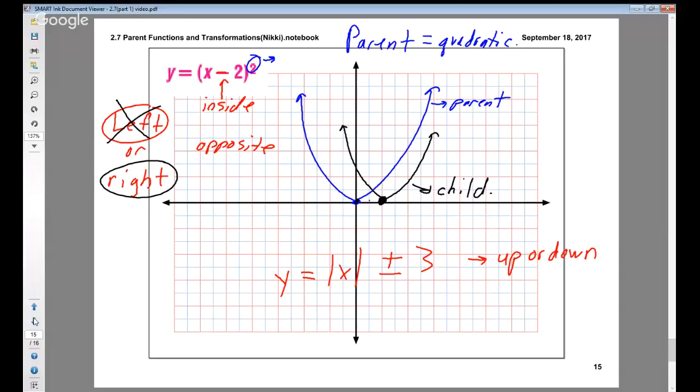If it turns out that your plus or minus is inside the bracket or parentheses, that's going to tell you to go left or right. And for left or right, it's the opposite of what you think. And if you remember that, this part of the lesson will be a piece of cake.